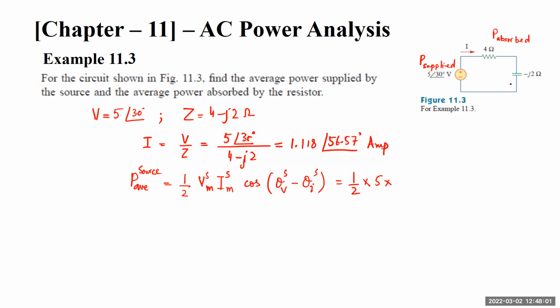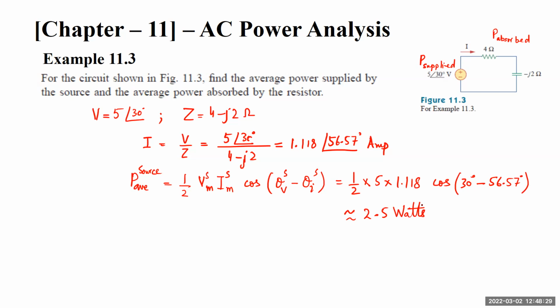Remember, the current is the same throughout the circuit. So current is 1.118, cos of 30 degrees minus 56.57 degrees. If I multiply it, this value comes out to be approximately 2.5 watts. So this is the power that is supplied by the source.